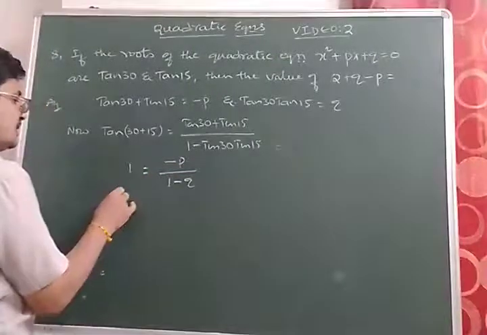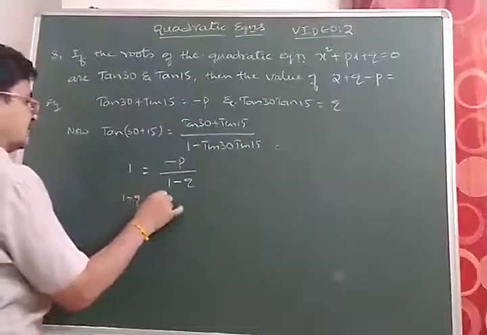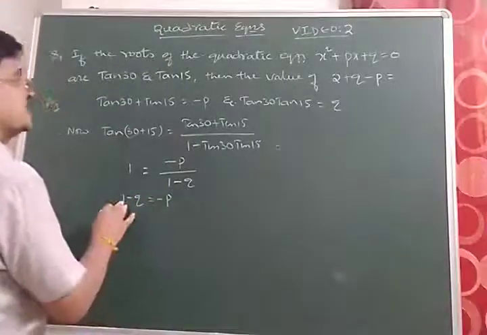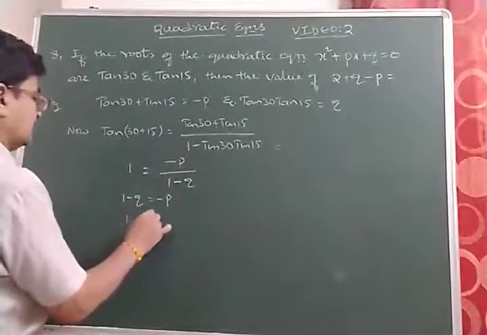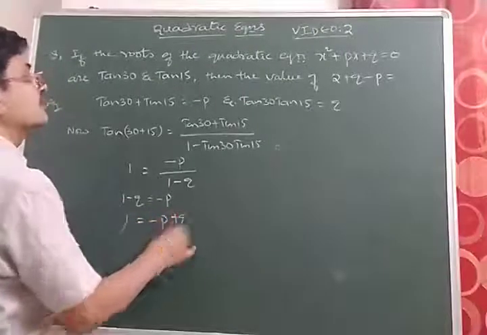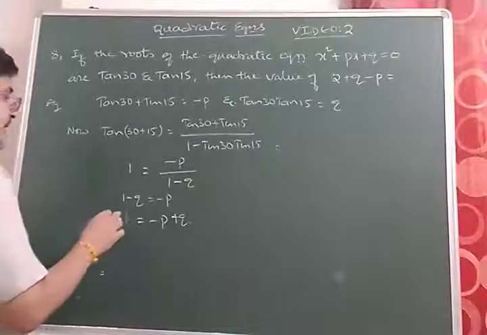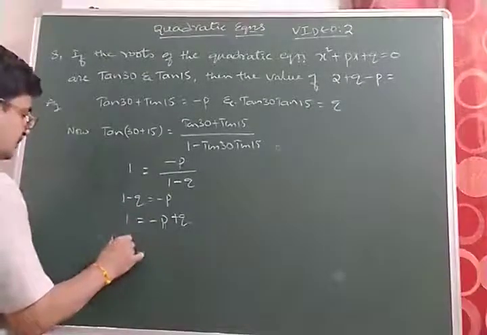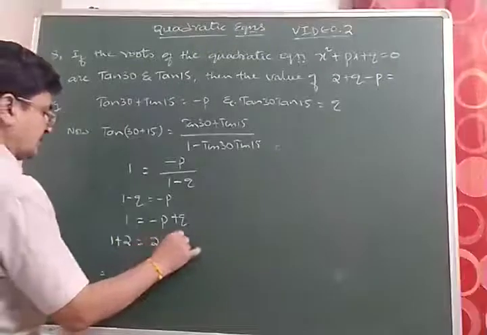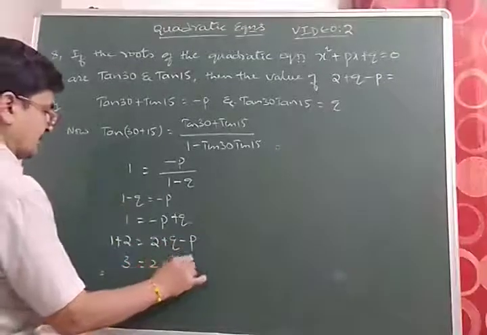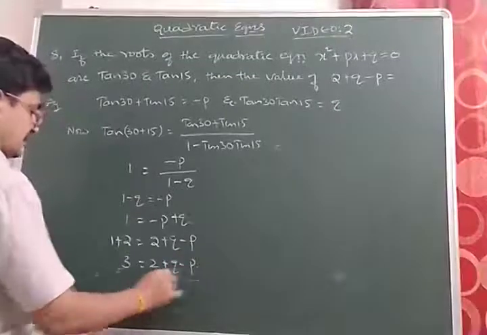Now applying cross multiplication, 1 minus q is equal to minus p. So this 1 is equal to minus p plus q, and adding 2 on both sides, 1 plus 2 is equal to 2 plus q minus p. So 3 is equal to 2 plus q minus p. So its value is 3.